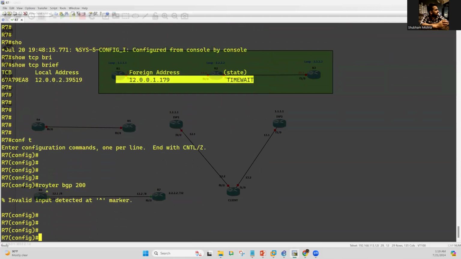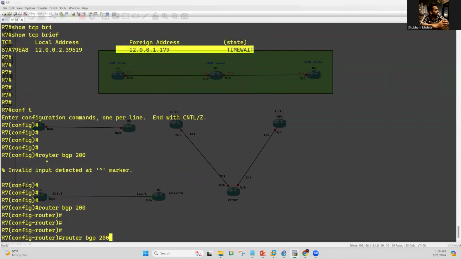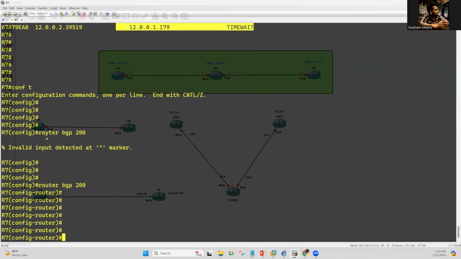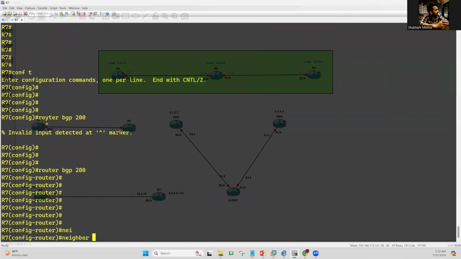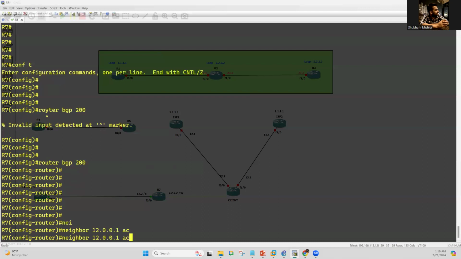How can you bring back router BGP 200? What is the command? Neighbor 12.0.0.1, and I am activating it.